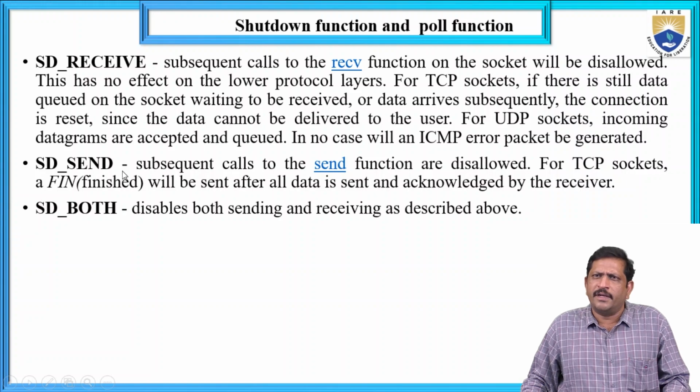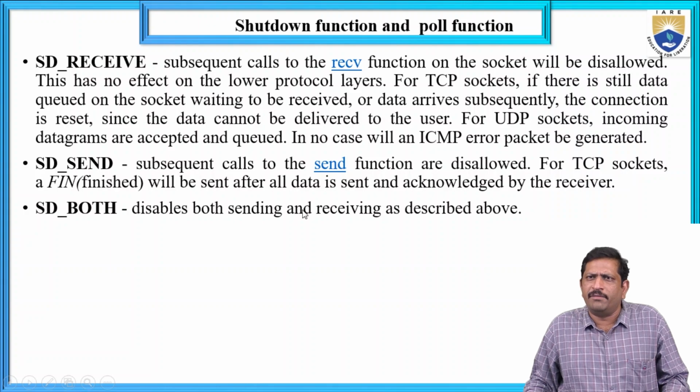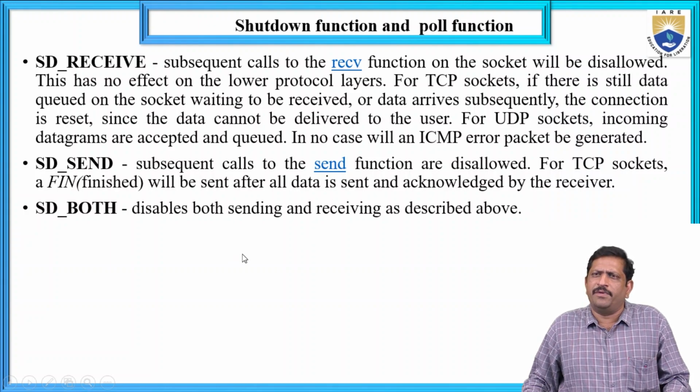That means data sending is disabled from the primary device to the secondary device. For TCP sockets, a FIN will be sent after all data is sent or acknowledged by the receiver.